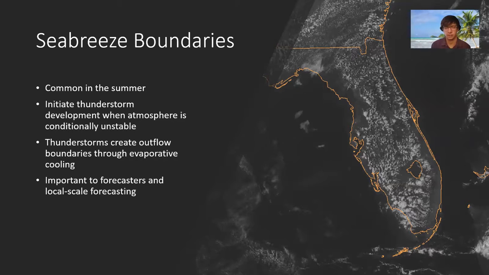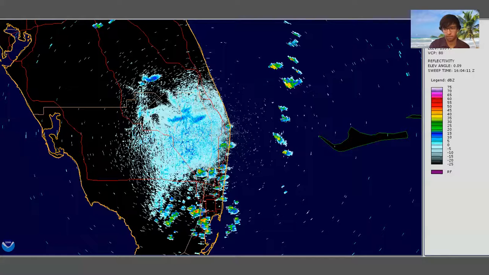And these boundaries create more areas of localized lift for more thunderstorms and can create a domino effect of more thunderstorms and thunderstorms being intensified from these boundaries. That makes these boundaries very important to forecasters, and they can be very useful for small and local scale forecasting.